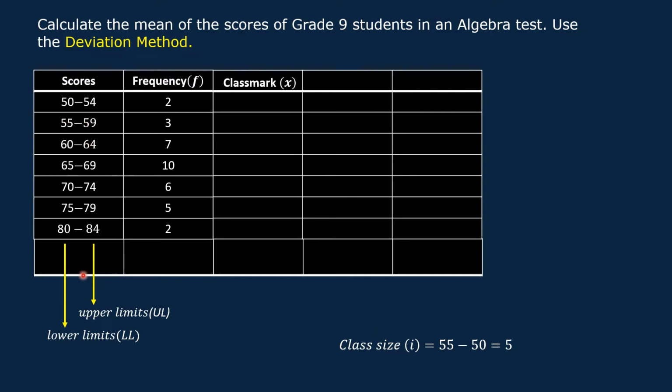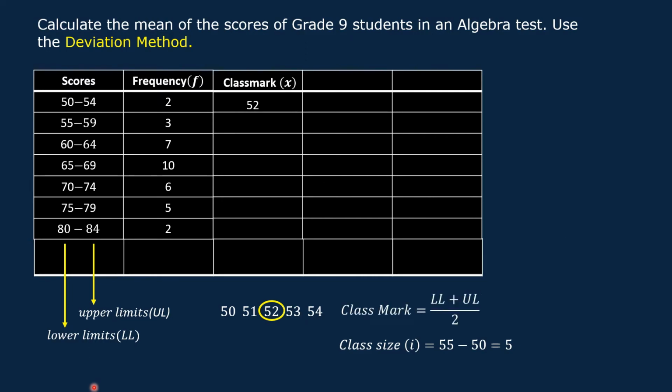50 to 54 means 50, 51, 52, 53, and 54. The middle number is 52. This middle number is called class mark. So for the first class interval, the class mark is 52.